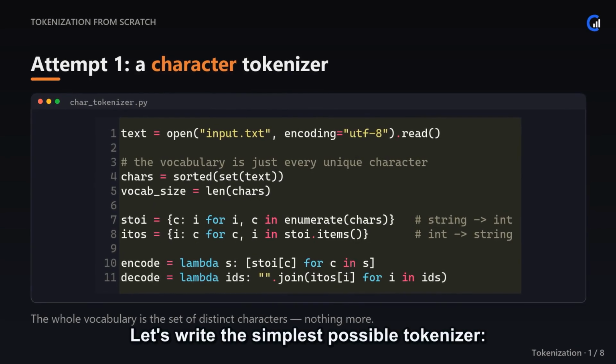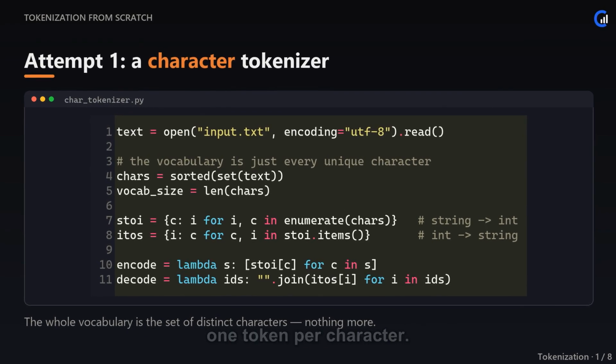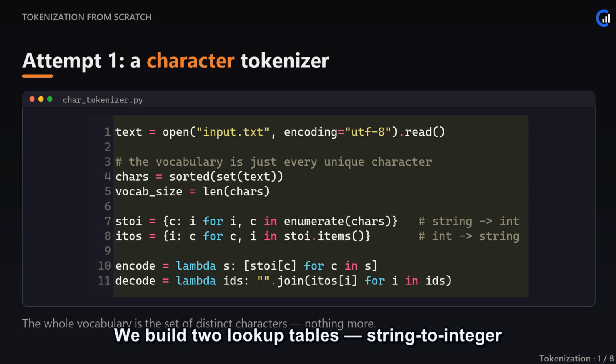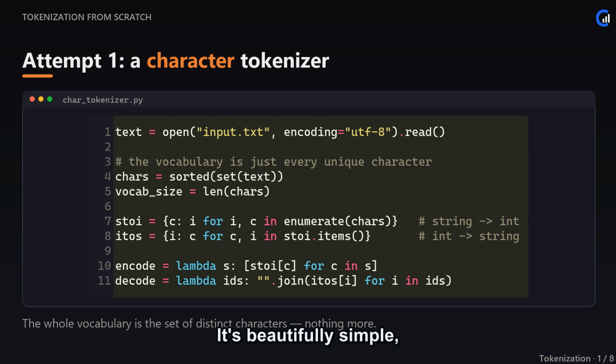Let's write the simplest possible tokenizer, one token per character. We read the text, take the set of unique characters, and that's our entire vocabulary. We build two lookup tables, string to integer, and its inverse, and encode and decode are one line each. It's beautifully simple, and it always works on any text.